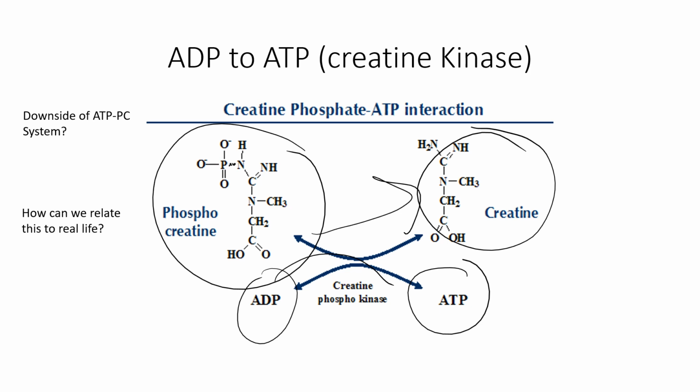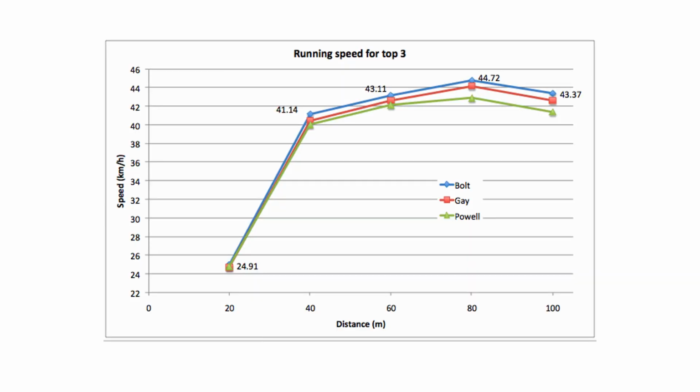What we're going to do next here is give a real world example of how we think we can show that the phosphagen system is in reality such a short-lived system because of this lack of phosphocreatine. This is a 100-meter dash, 0 to 100 meters, and we have three very famous Olympic runners here.